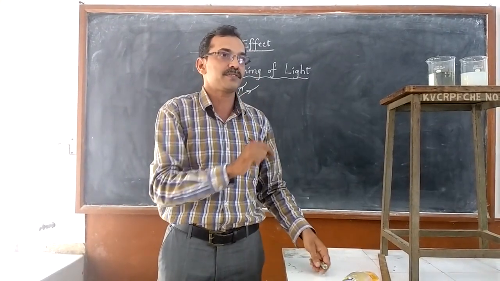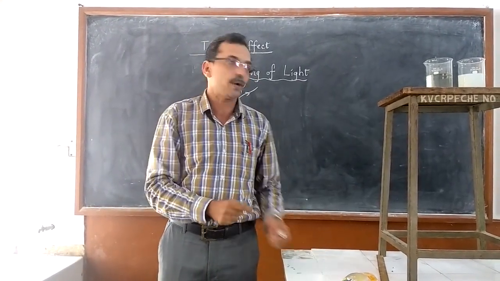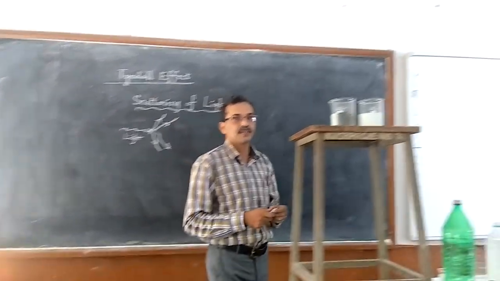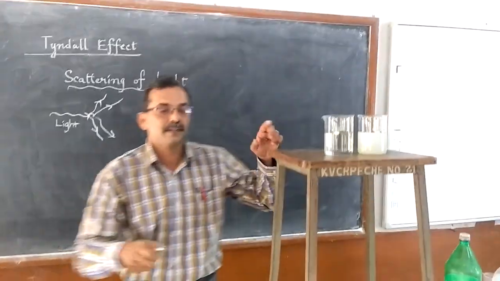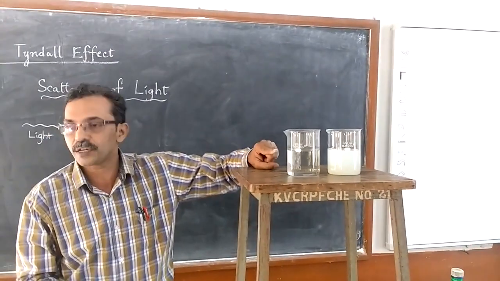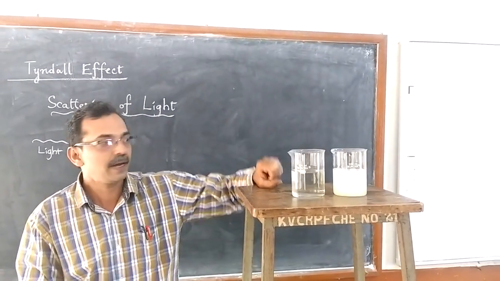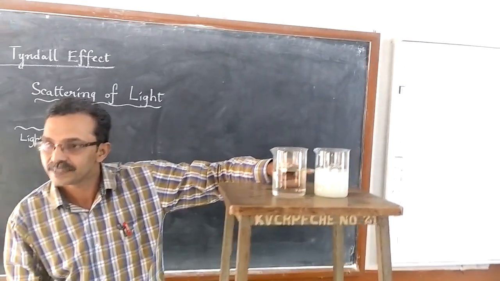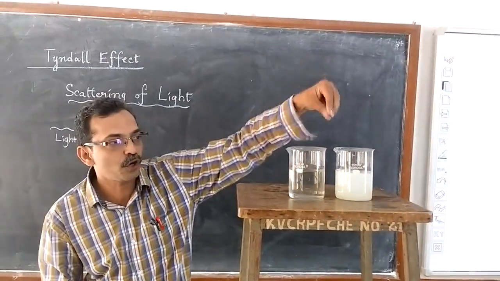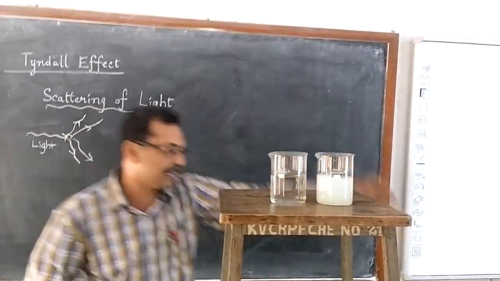To explain this, I'd like to do one more small activity. Now look at this. I have taken two beakers. In the first beaker, there is pure water. And in the second beaker, is it not looking a bit milky? Yes, sir. I have dropped some Dettol in that.